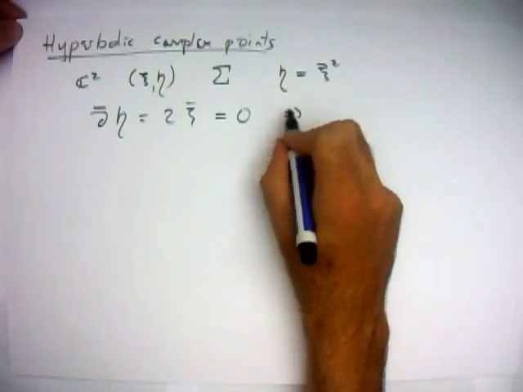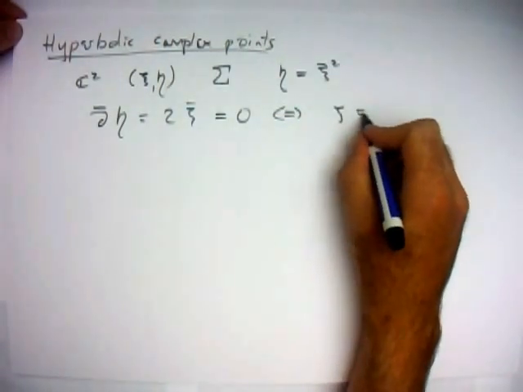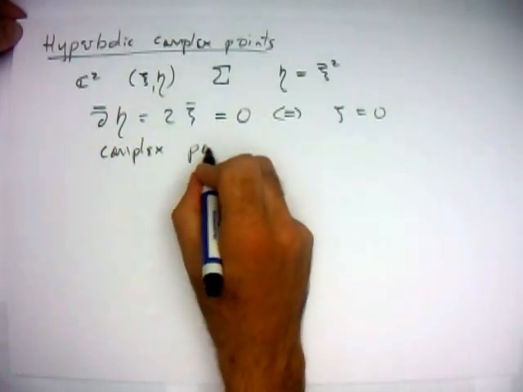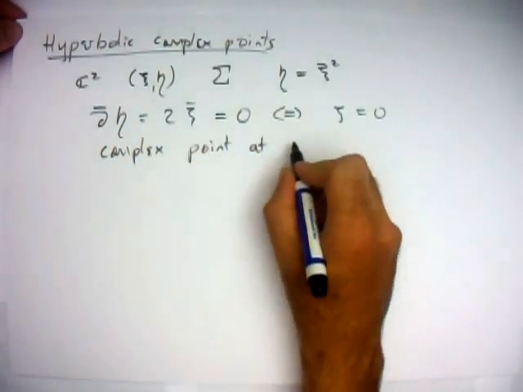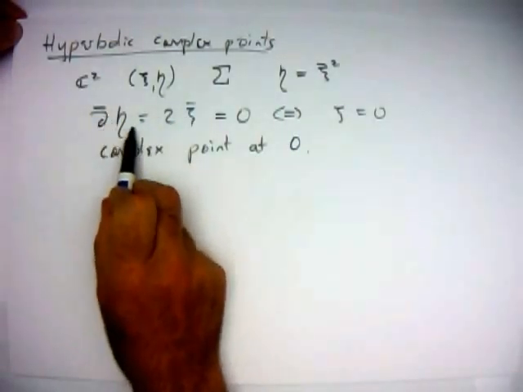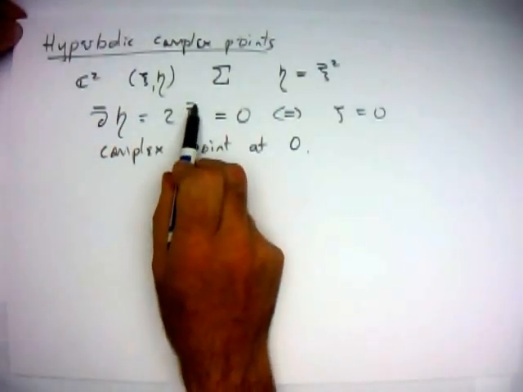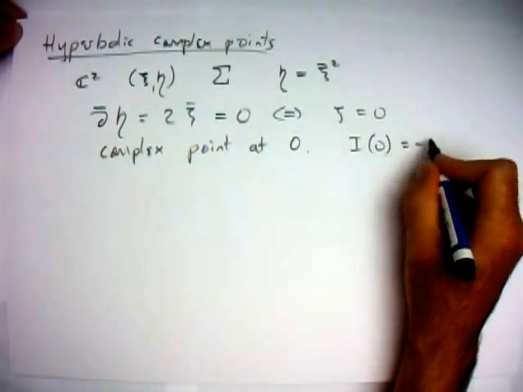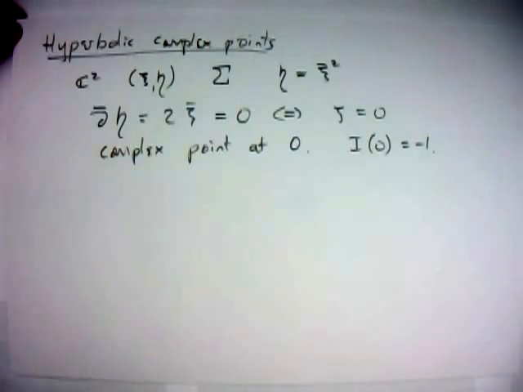So this is clearly 0 if and only if xi is equal to 0. So it has a complex point at the origin. And moreover, you can see that the winding number, as you go around this point, goes around in the opposite direction, so its index at 0 is -1, as we say. So this is a hyperbolic complex point.